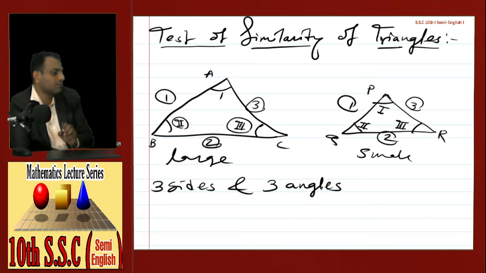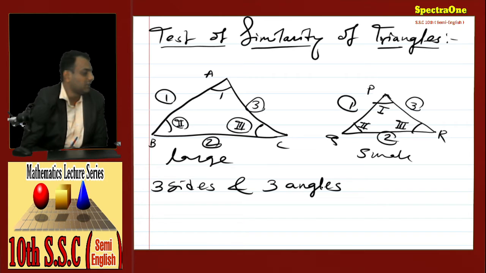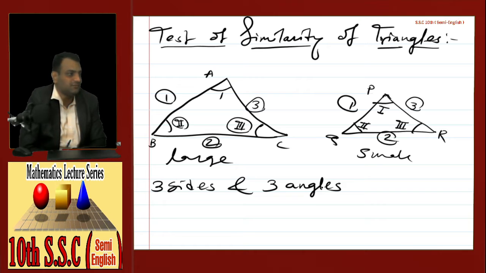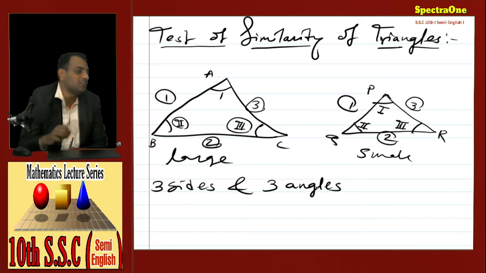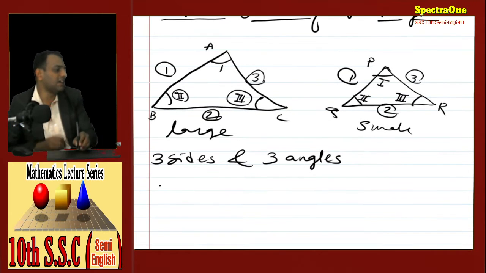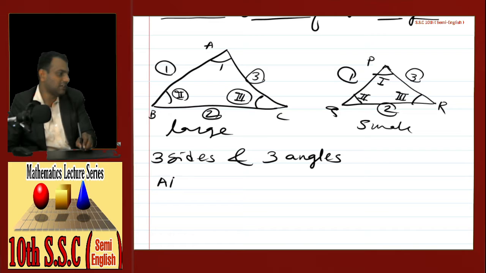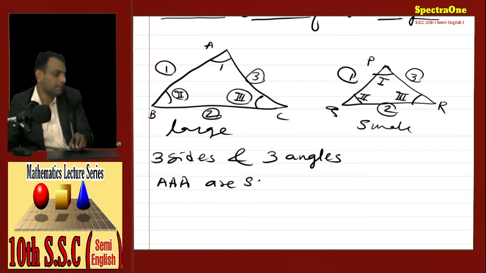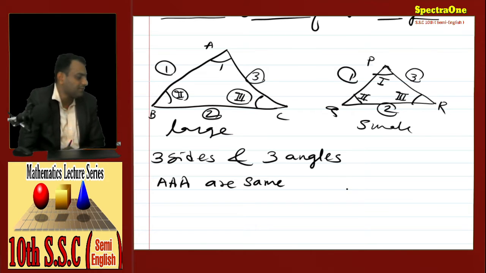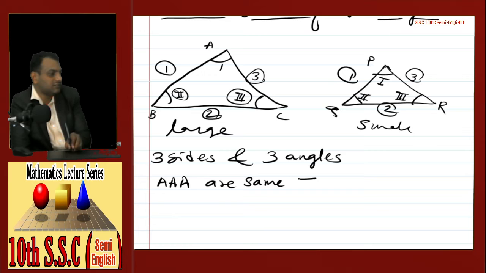Three sides and three angles. Out of that, for detection of similarity of triangles, any three must be the same. That means if all three angles are the same, then those triangles are similar triangles.